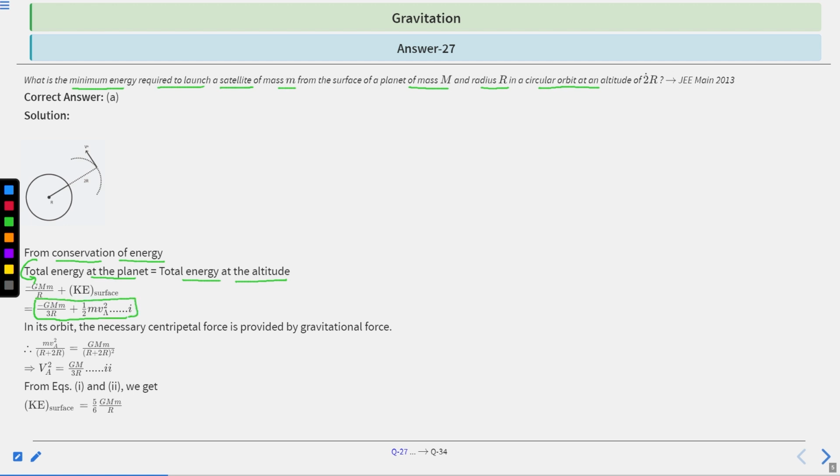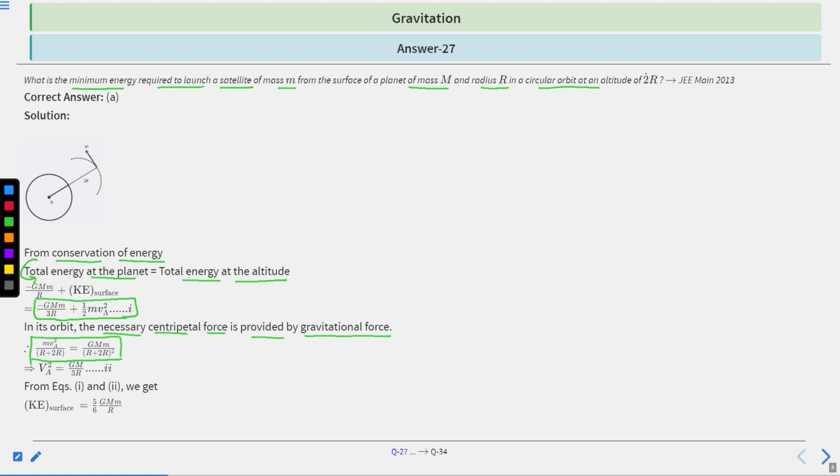In its orbit, the necessary centripetal force is provided by the gravitational force, which is mv square divided by (2R plus R), equal to GMm divided by (R plus 2R) whole square. This is the centripetal force provided by the gravitational force.